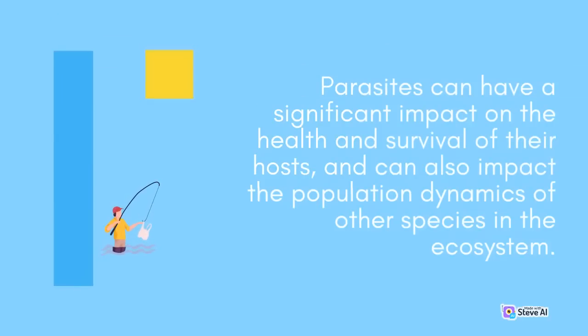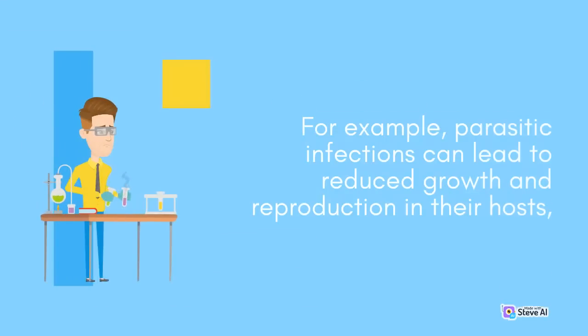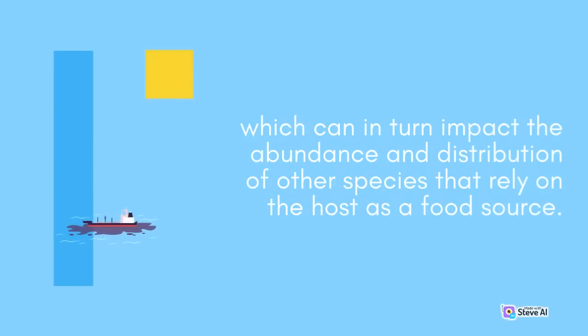Parasites can have a significant impact on the health and survival of their hosts, and can also impact the population dynamics of other species in the ecosystem. For example, parasitic infections can lead to reduced growth and reproduction in their hosts, which can in turn impact the abundance and distribution of other species that rely on the host as a food source.